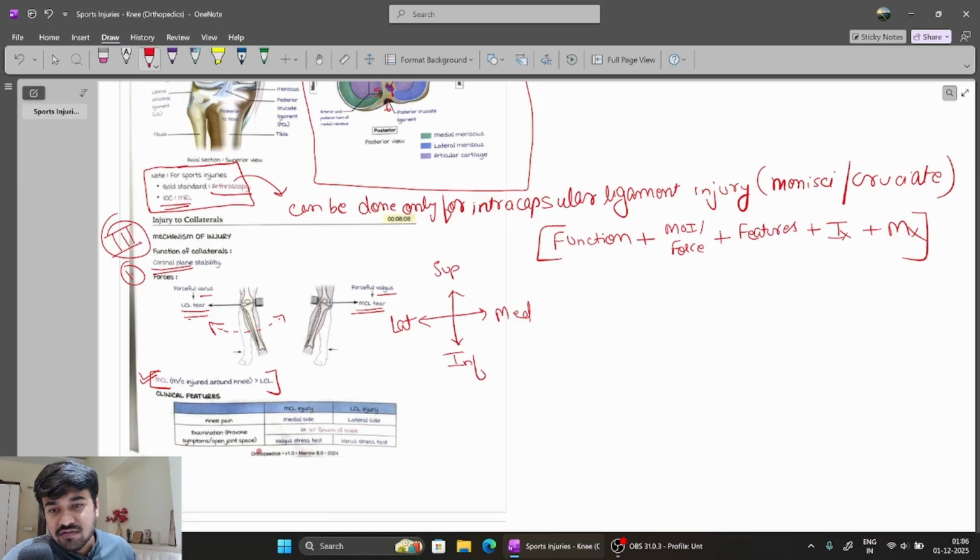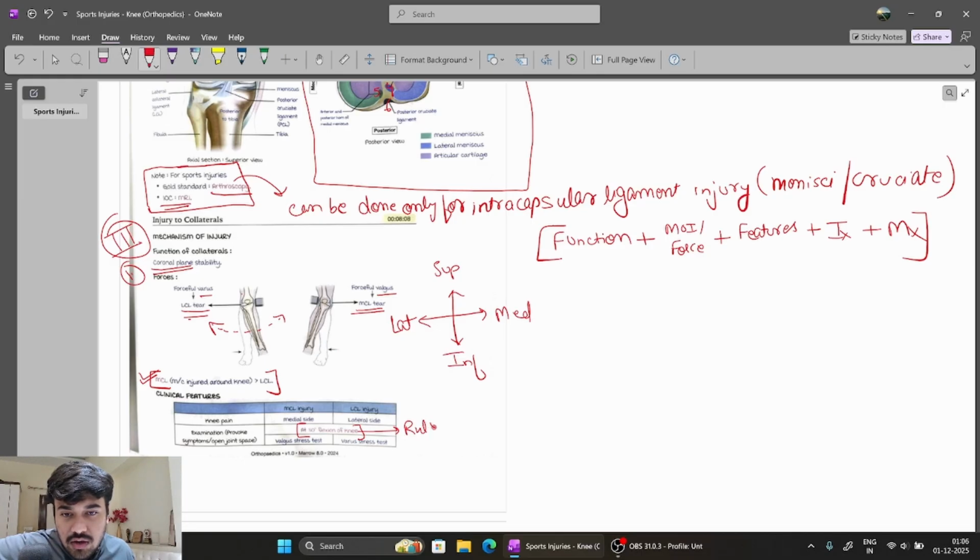For clinical tests, we have the valgus stress test and varus stress test. Since forceful valgus leads to MCL tear, the valgus stress test is for MCL injury. Since forceful varus leads to LCL tear, the varus stress test is for LCL injury, right? Now, one important thing to remember is that we do these tests at 30-degree knee flexion, right? Why do we do this?